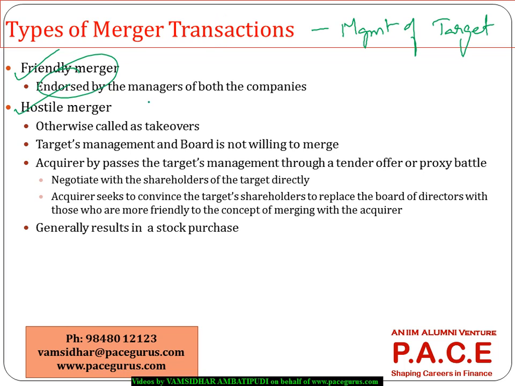Whereas whenever we talk about hostile, the management of the target, even the board of the target, are not willing for a merger. So that's where we use the word takeovers.